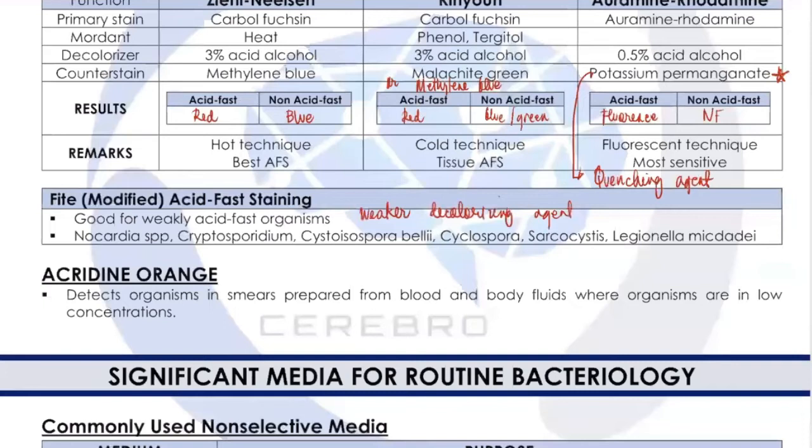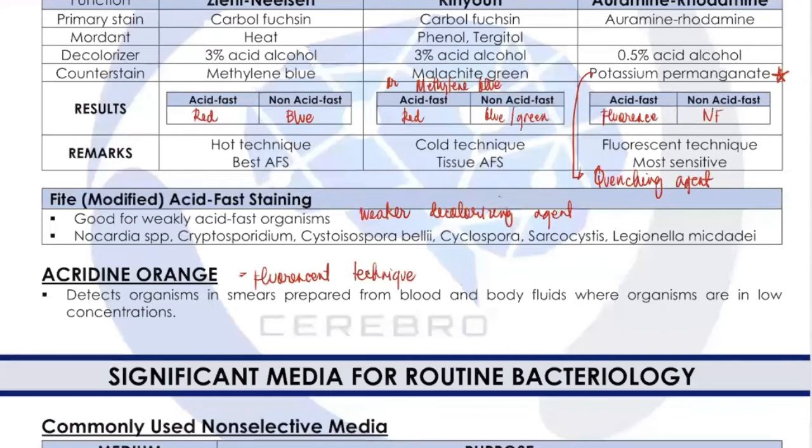Okay? And lastly, we have acridine orange. So acridine orange naman is a stain for the DNA. It detects nucleic acid. So it could be used for smears prepared from blood and body fluids where organisms are in low concentration. Because itong acridine orange, sensitive din siya because this is also a fluorescent technique.